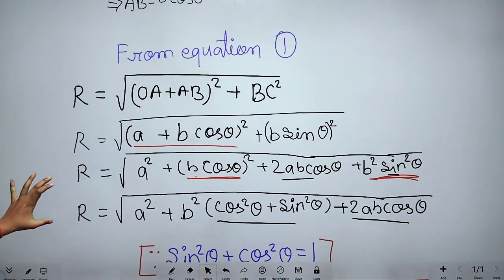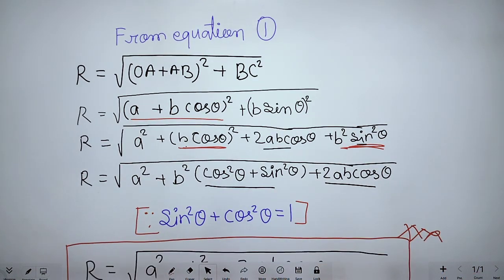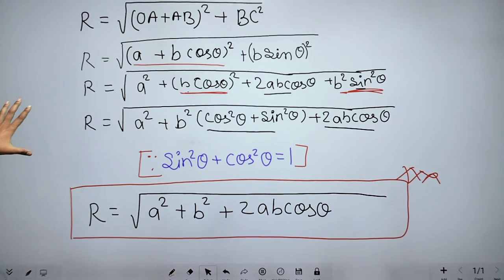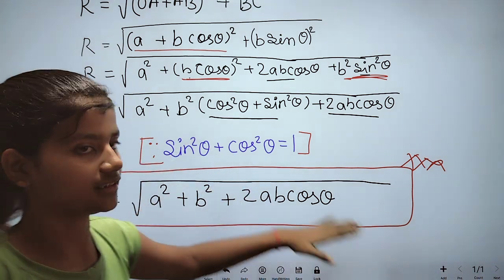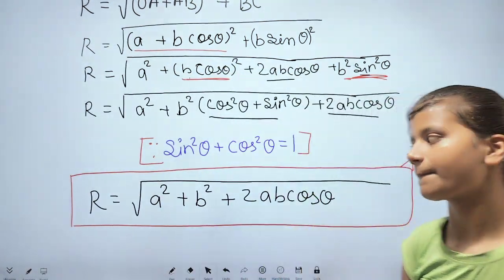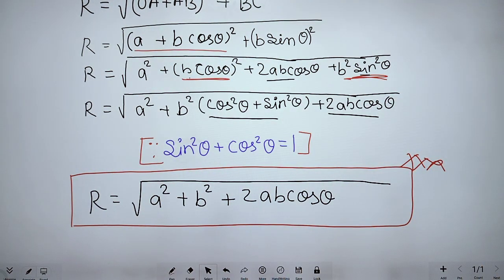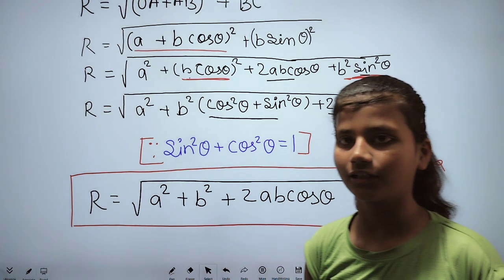This is the resultant of any two vectors, R is equal to root under A square plus B square plus 2AB cos theta.